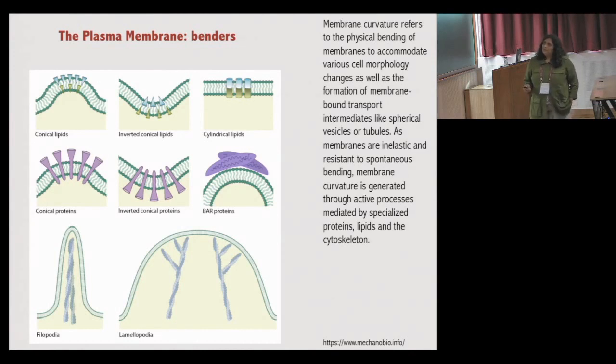One of the things that can modulate the shape of a membrane are the shapes of the lipids that are inserted into the membrane, and whether you have conical lipids or inverted conical lipids, you can achieve opposite effects on membrane curvature.